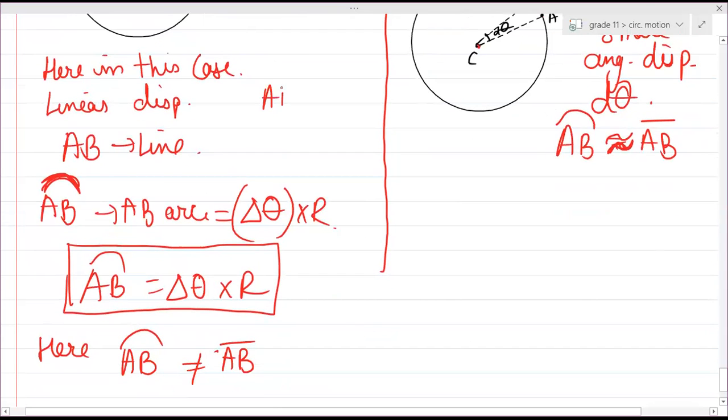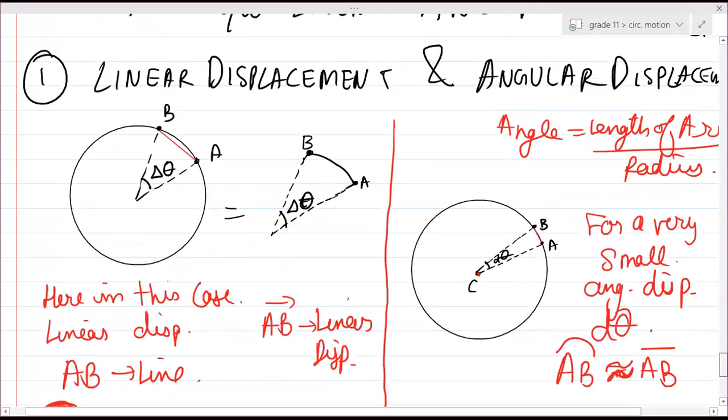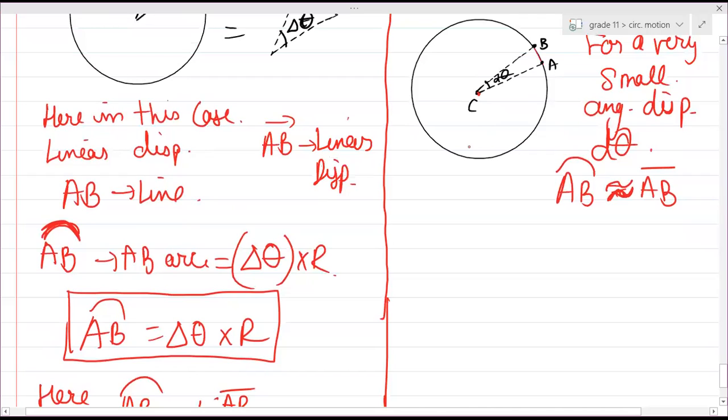Here, this AB line is basically your linear displacement, and delta theta is basically the angle. Can you see here, when the angle is big, no simple relation between delta theta and r is there. Although there is one relation which you will study in solutions of triangle in maths. But for a very small angular displacement, AB arc and AB line are equal.